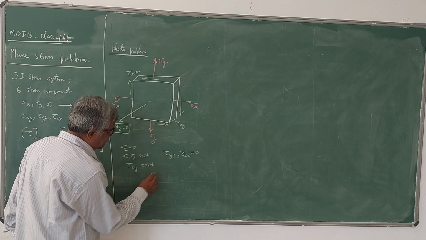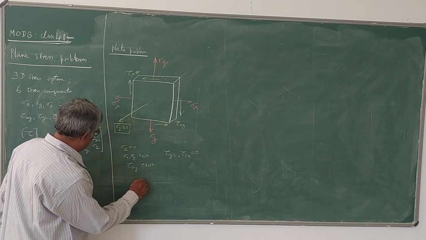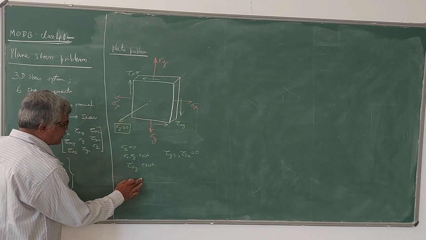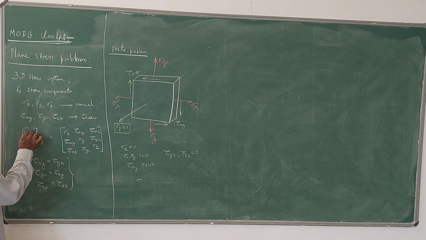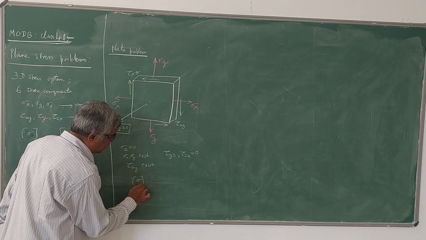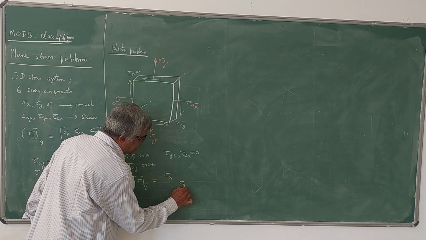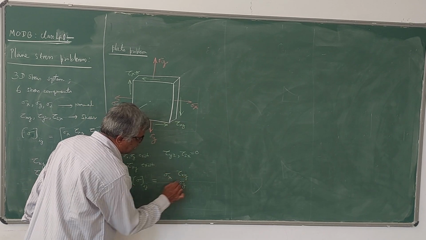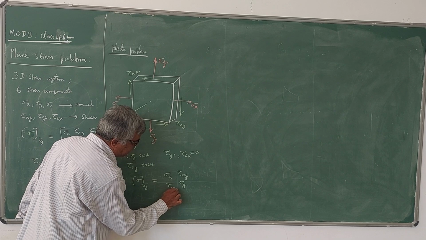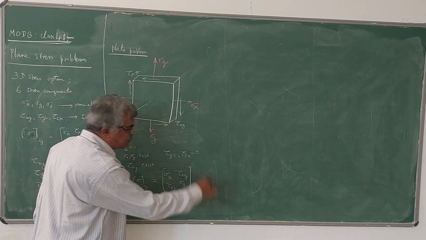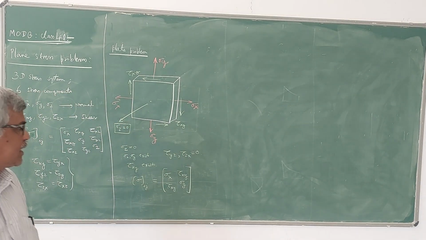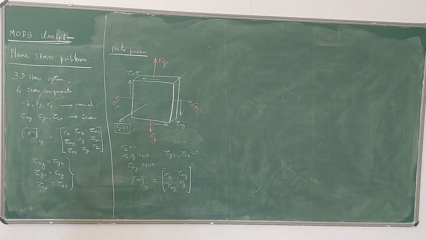In this case, the stress tensor, which is written as sigma ij, is equal to sigma x, sigma y, tau xy, or tau yx. Tau xy and tau yx are the same. So this becomes the stress tensor in the case of a plane stress problem.